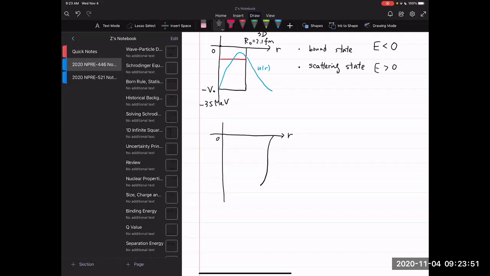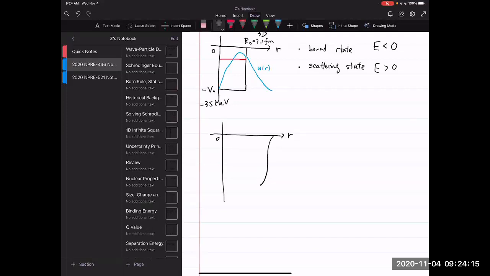And this is because, as we mentioned previously, we have a layer inside the nucleus, the skin layer. In this layer, the potential suddenly drops, but not as a step function, as a smooth function.